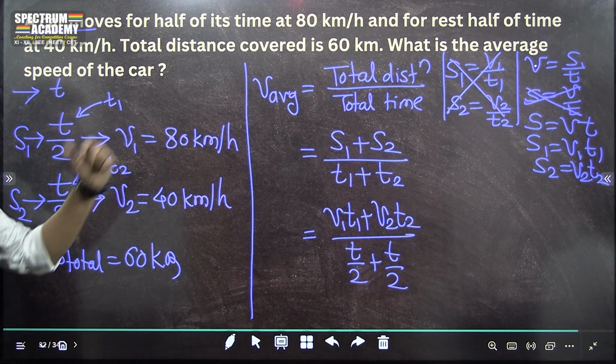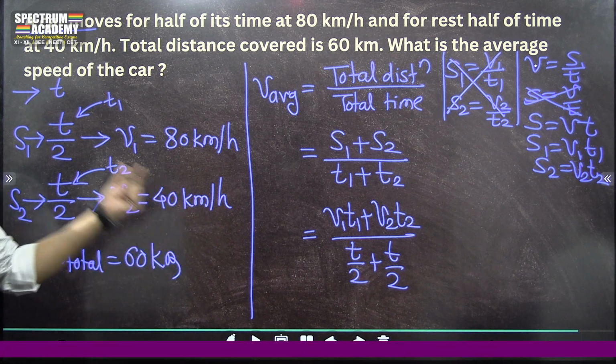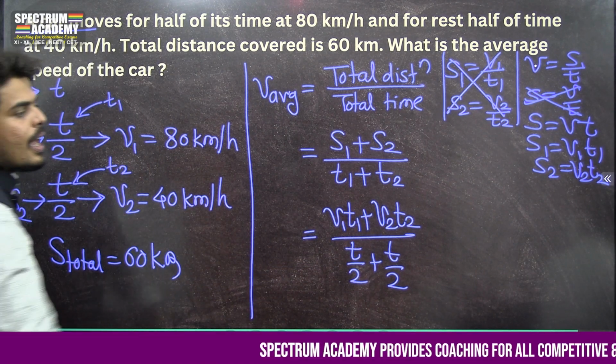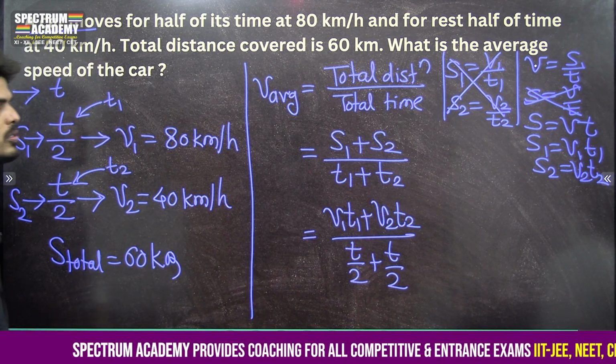So v1 is 80 km per hour and t1 is t by 2. v2 is 40 km per hour and t2 is t by 2.